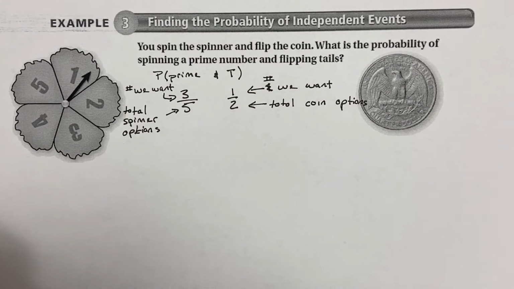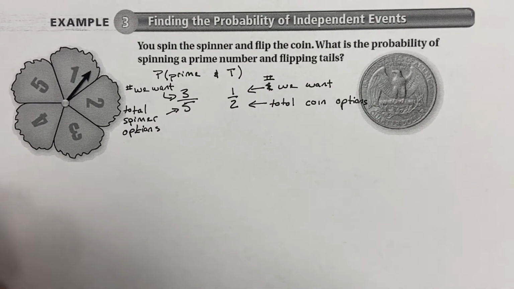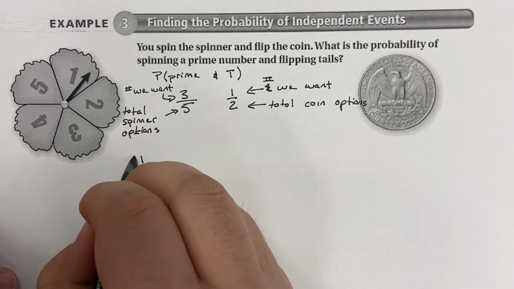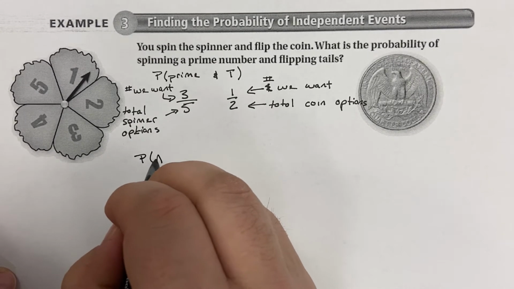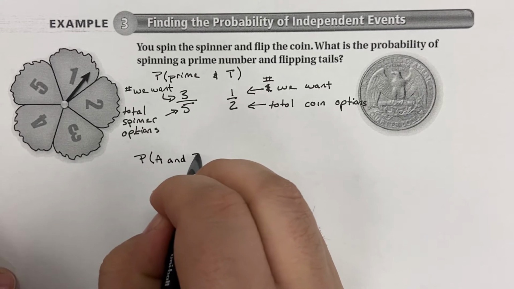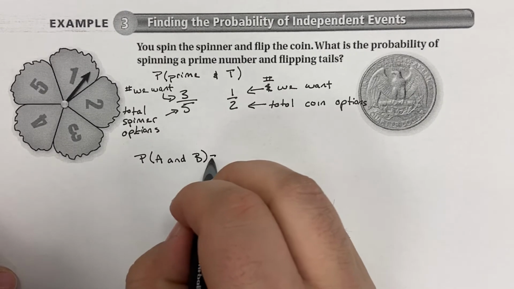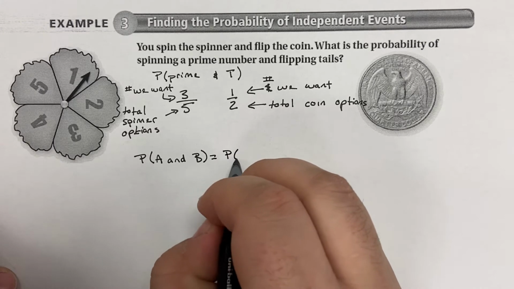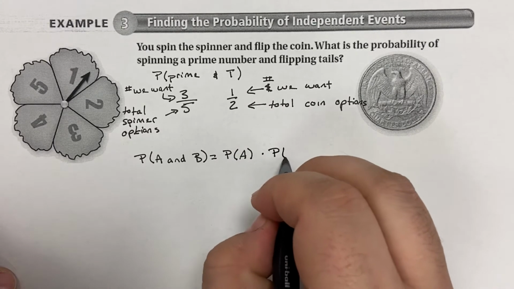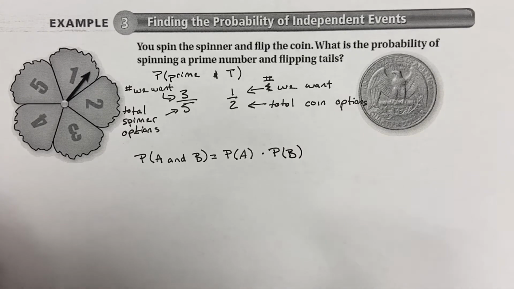All right. We're going to use a formula, and the formula says if we want probability of A event and the probability of B event, then we need to take the probability of the A event and multiply it by the probability of B event.